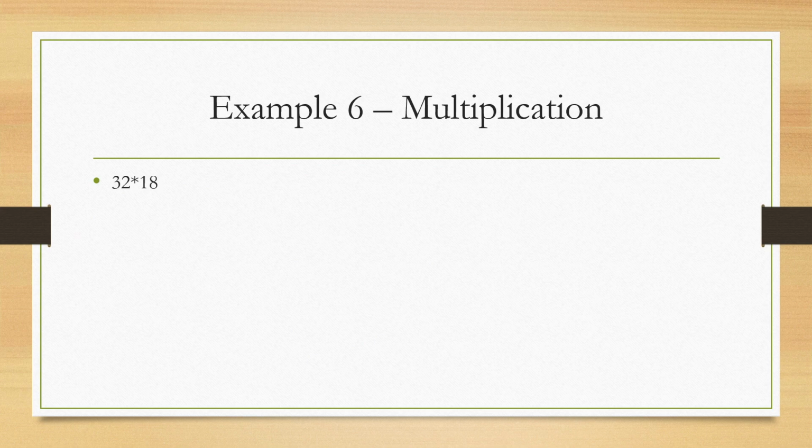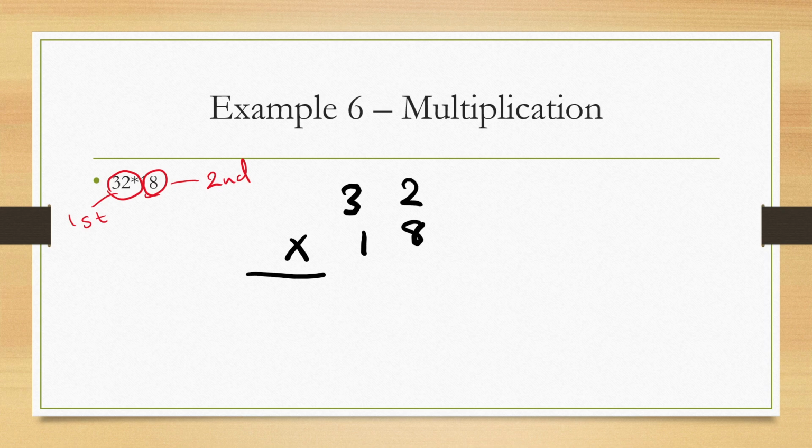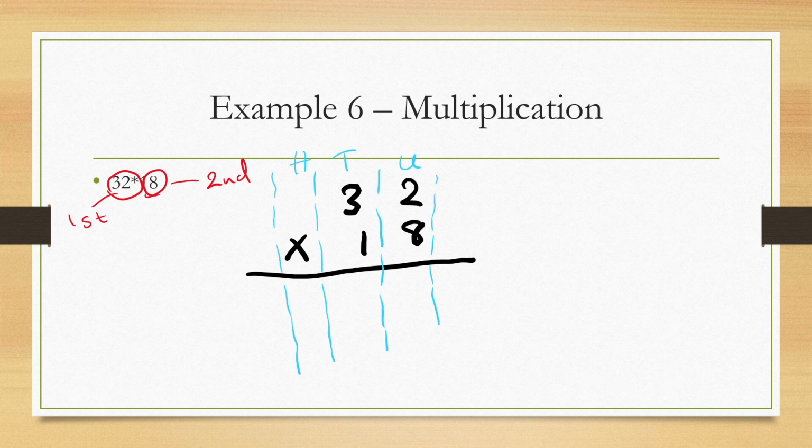Now let's look at another example. Example 6. Same as before, 32 on top, 18 on bottom. This is the column separated down, so units, tens and hundreds. So 8 times 2 is 16.